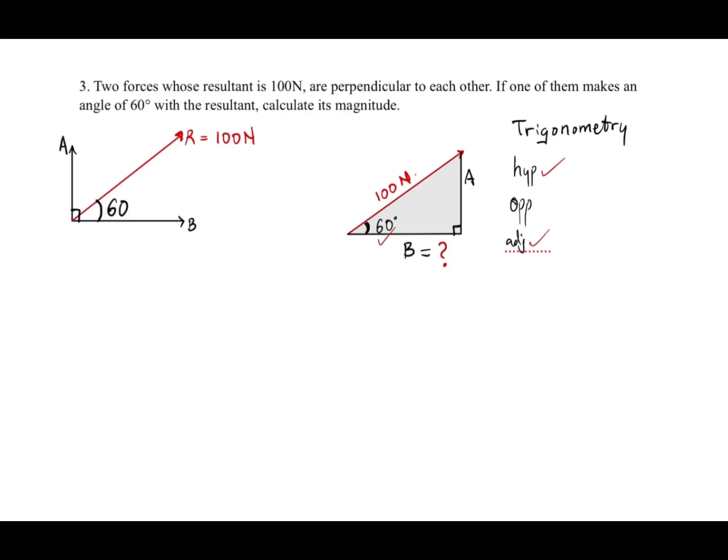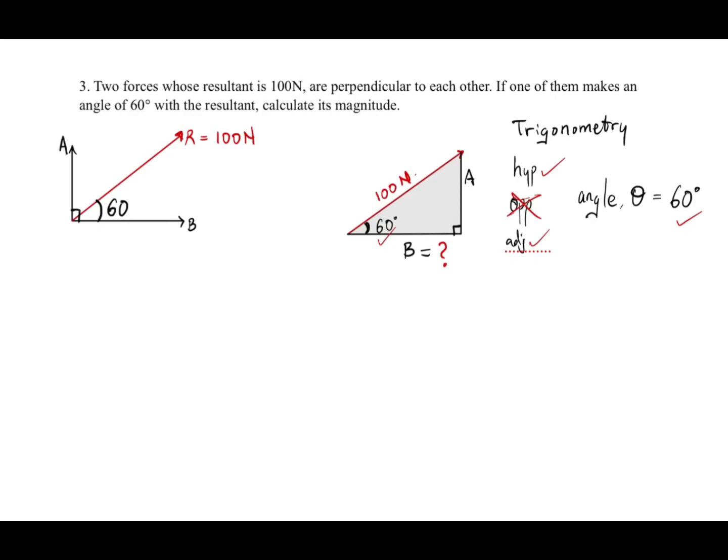We don't have anything to do with the opposite, so we'll leave that for now. But then we know the angle. Let's call the angle theta, and the angle here equals 60 degrees. So which trig ratio can we use to solve this problem?